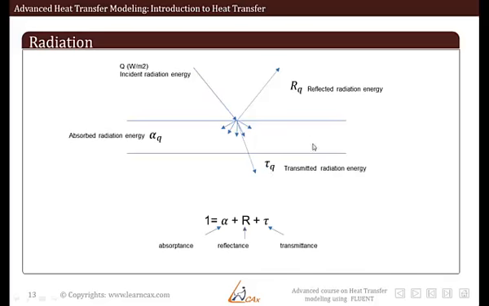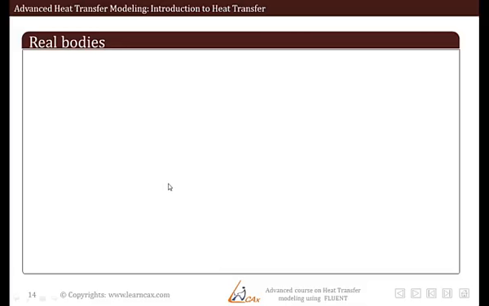These are quantified by reflectance, absorptance and transmittance, properties which we will discuss in detail in the radiation lecture. But the sum of all of this should be balanced, which means the reflectance, absorptance and transmittance should sum to 1. Now this was about black bodies or idealized radiators.